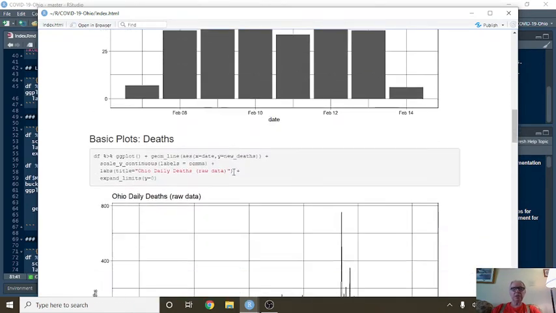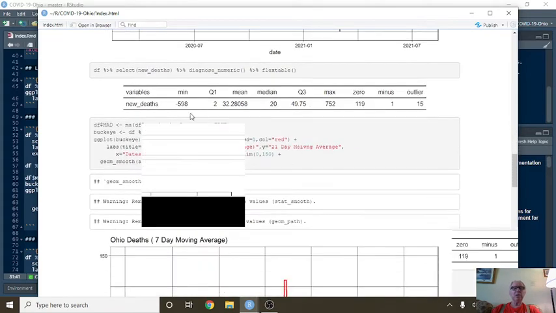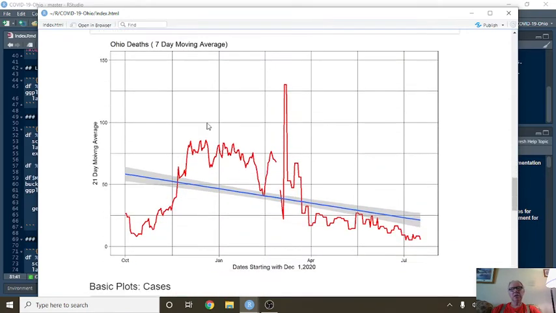Okay, and this is the raw case counts. Here's some summary statistics. Minus 598 deaths. And here's the thing. You can see it climb up here and level off, but as you can see from here, like December onward, there is a general downward trend in cases, I'm sorry, in deaths, in daily deaths.